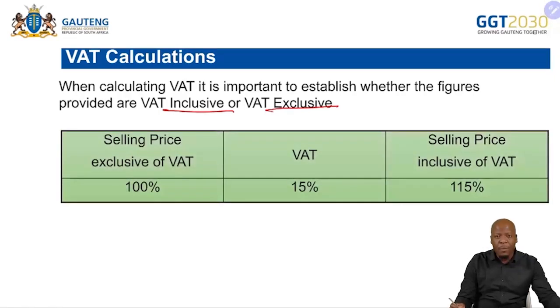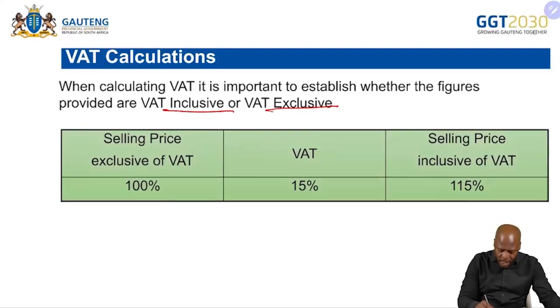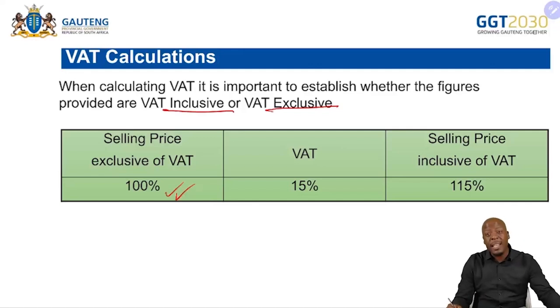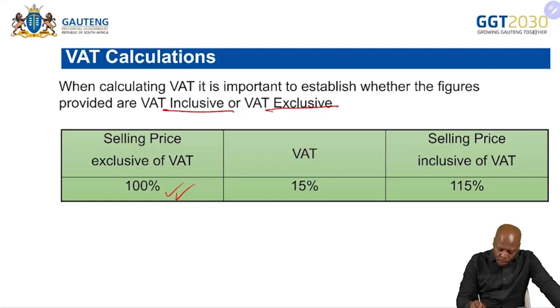If you look on the next slide, whenever we have a selling price exclusive of VAT, it is always 100%. Exclusive means it does not include VAT. But when it includes VAT, it changes. Why? It changes because of the VAT, which is the 15%.